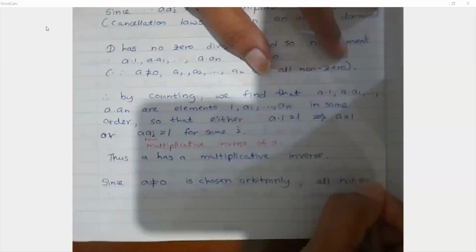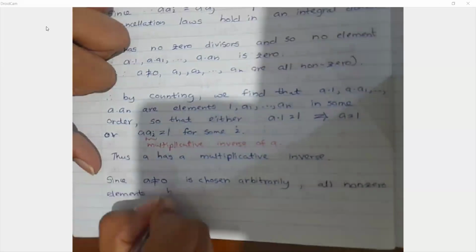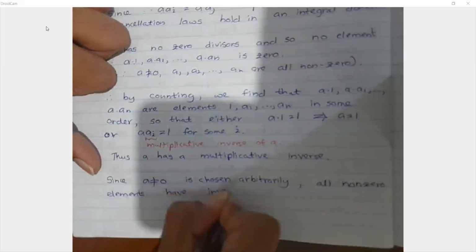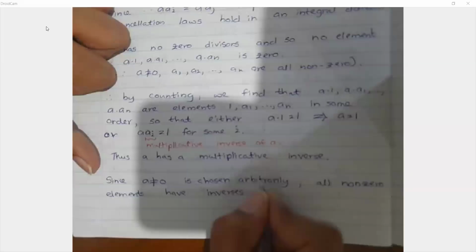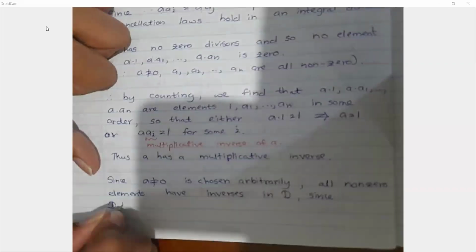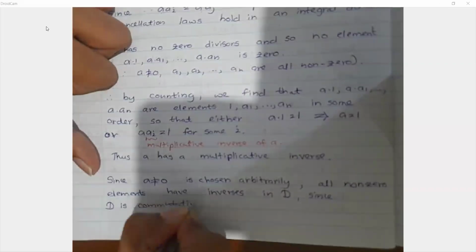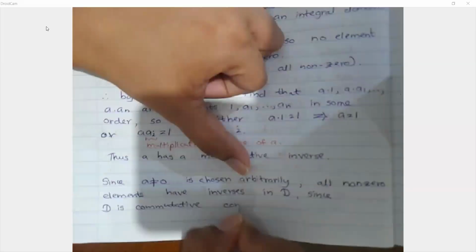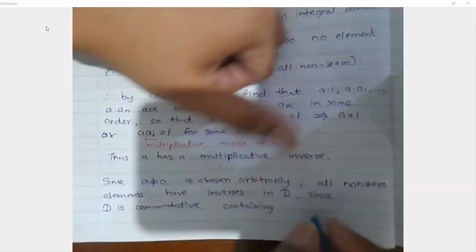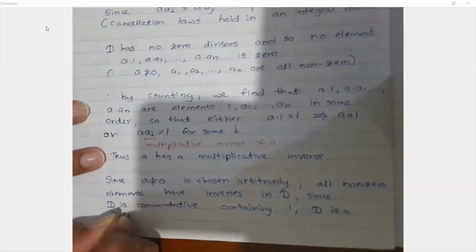All non-zero elements have inverses in D. Since D is commutative, containing 1, D is a field.